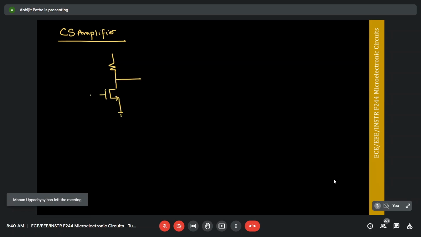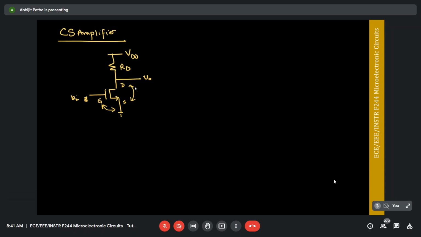Because the input is applied between gate and source, and the output is pulled across drain and source. So this is your input and that is your output. The source terminal in this configuration is common between both input and output.